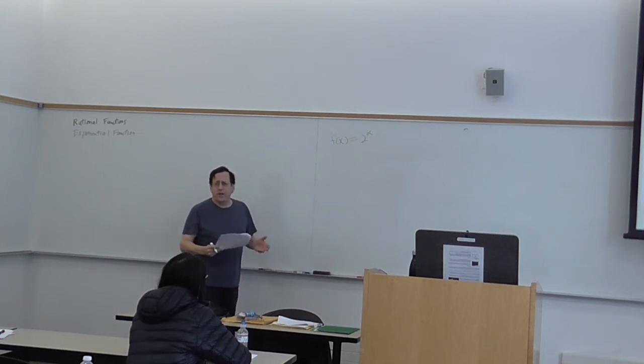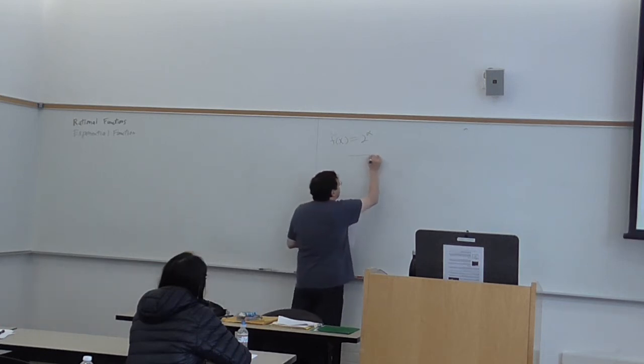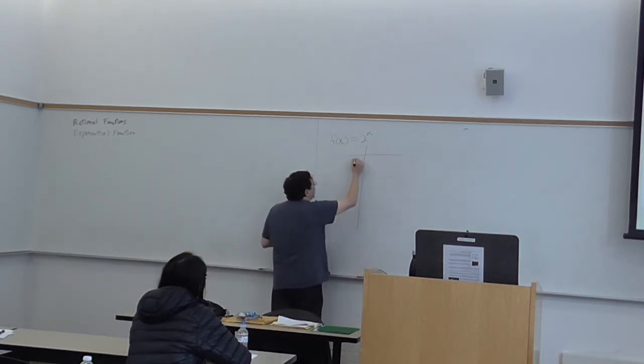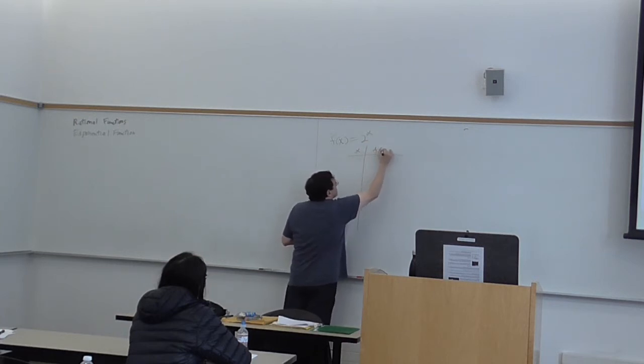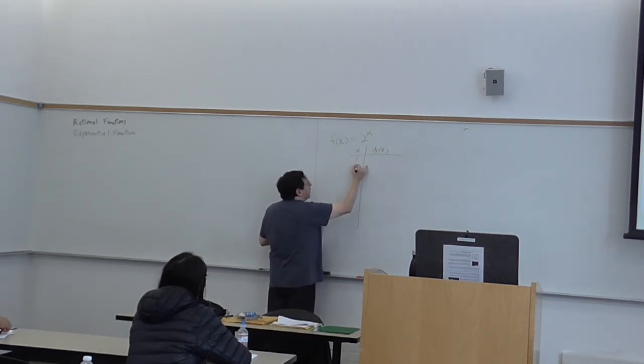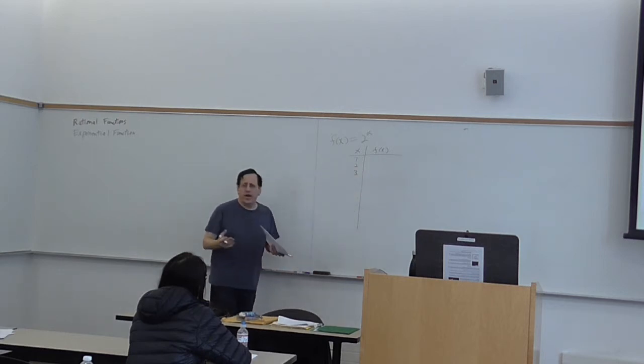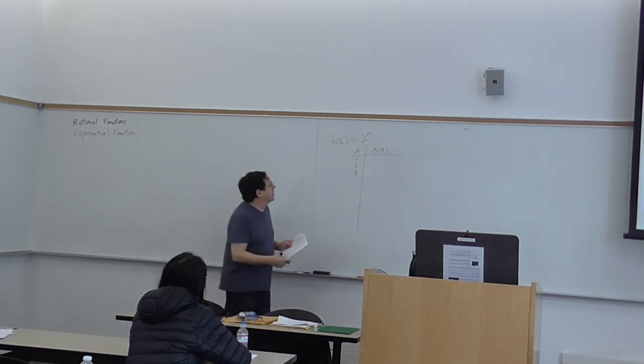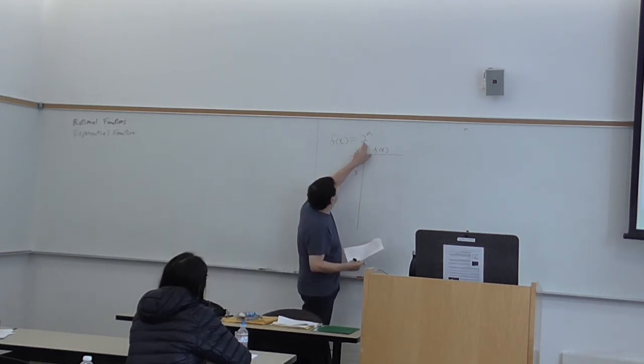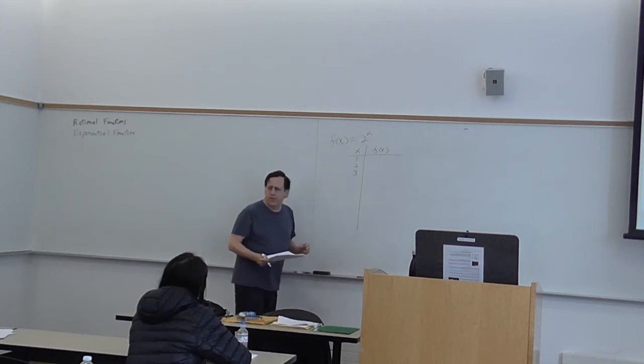And I want to think about evaluating that at various x's. So, if x is an integer, that's easy, right? We know how to calculate that. If x is 2, it's just 2 squared. If it's 3, it's 2 cubed, that's 8.